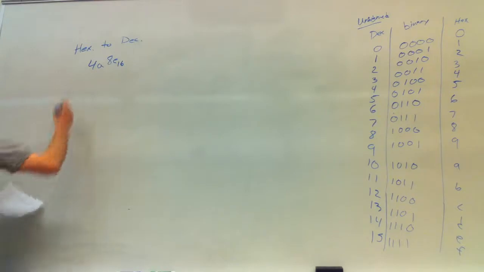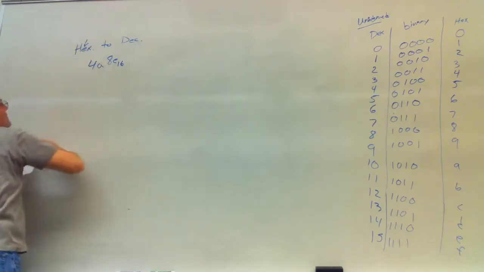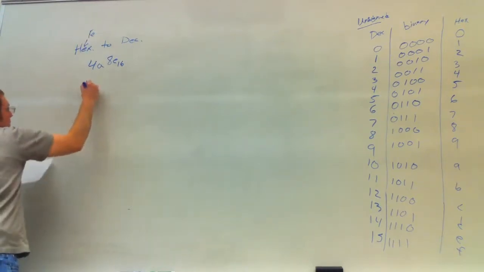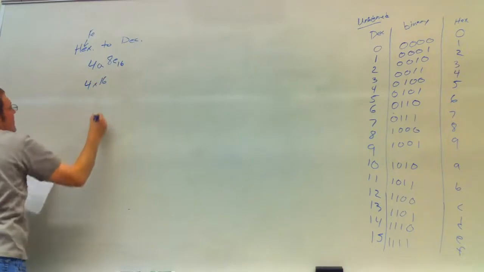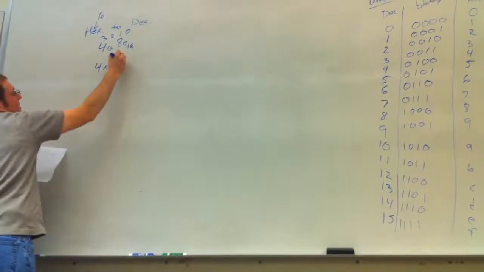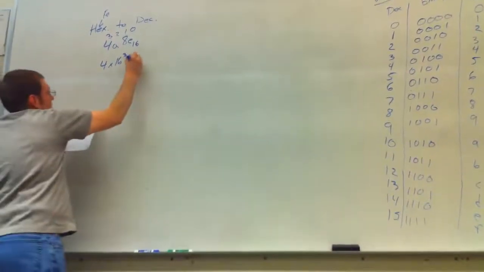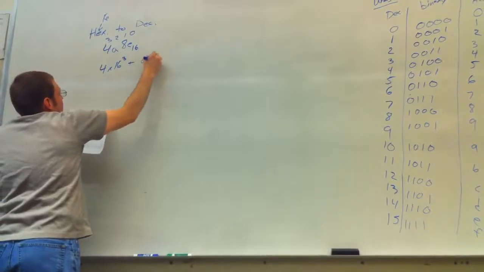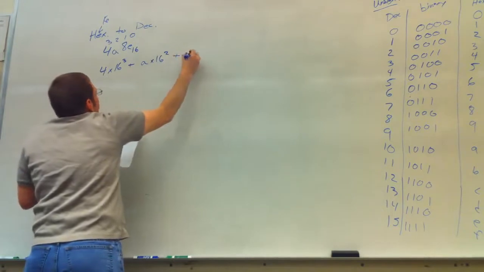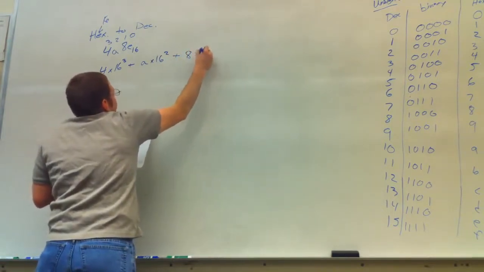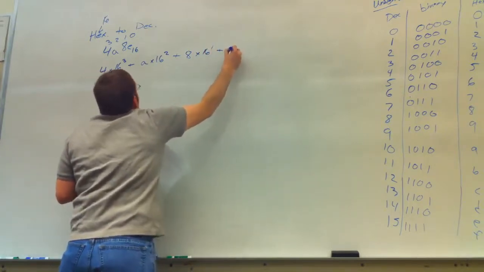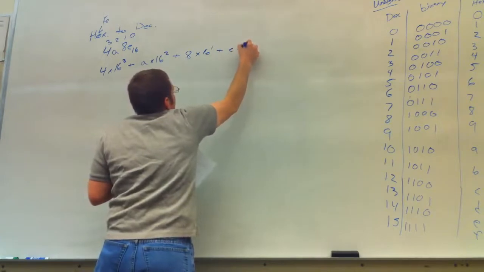We did the same thing before. So hex was what base? 16. So if I go 4 times 16, this is the zeros place: 1, 2, 3. So it's 4 times 16 to the third, plus A times 16 to the 2nd place, plus 8 times 16 to the 1's place, plus E times 16 to the 0.